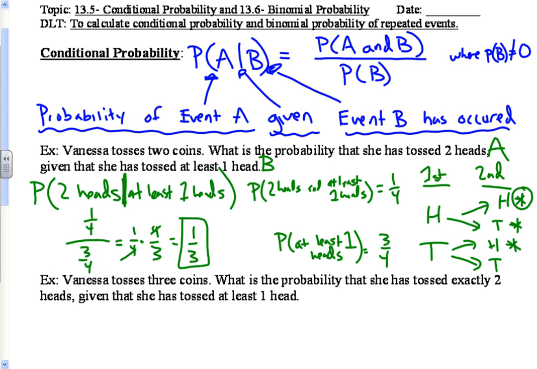Now this one here is actually a special case, because in order to have 2 heads, she has to have at least 1 heads.